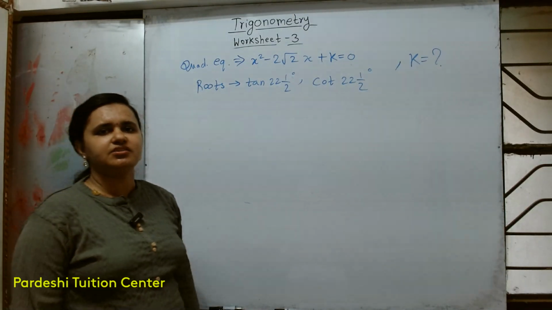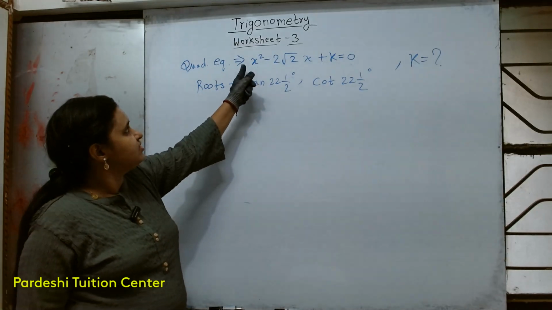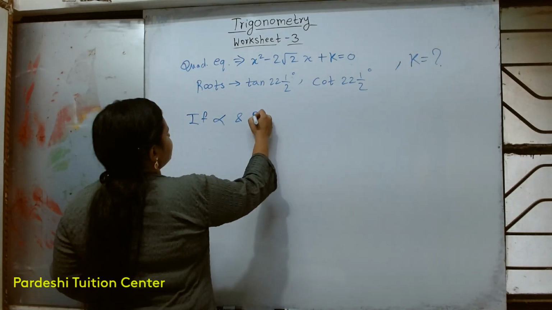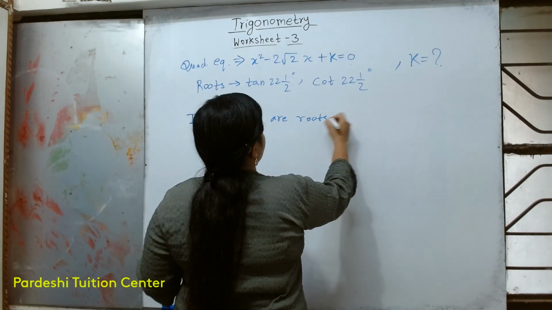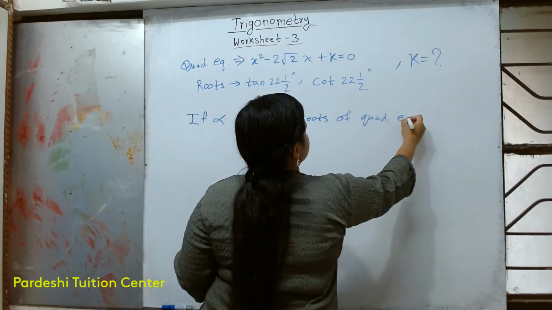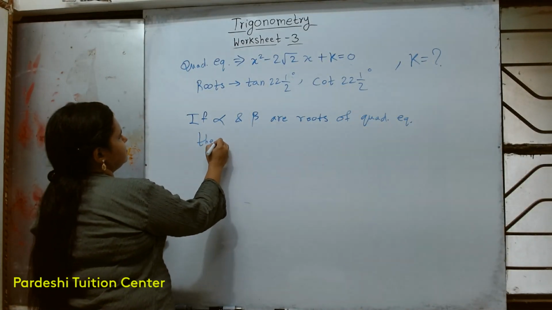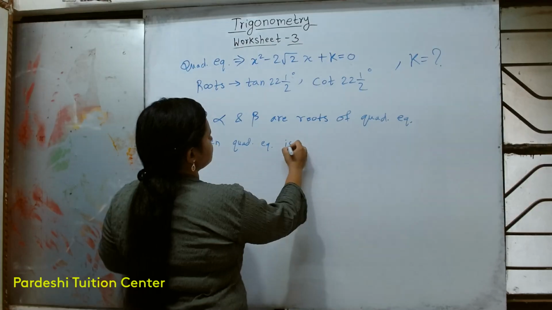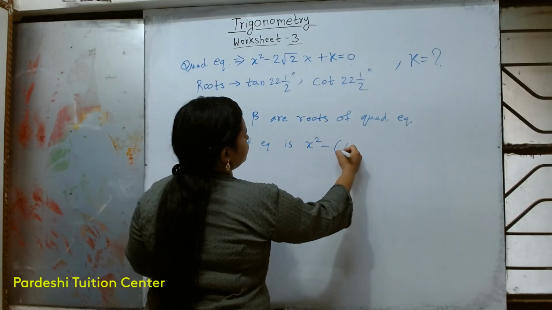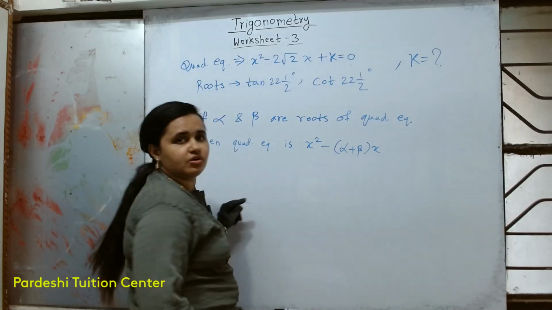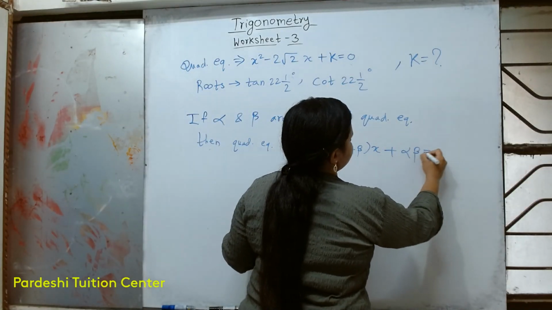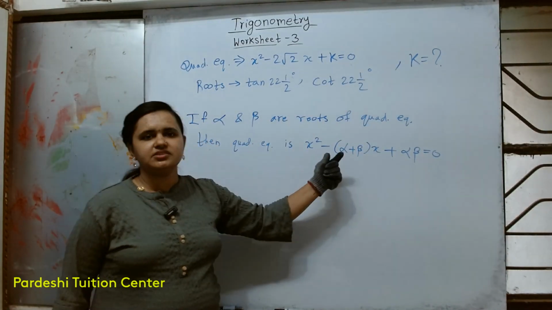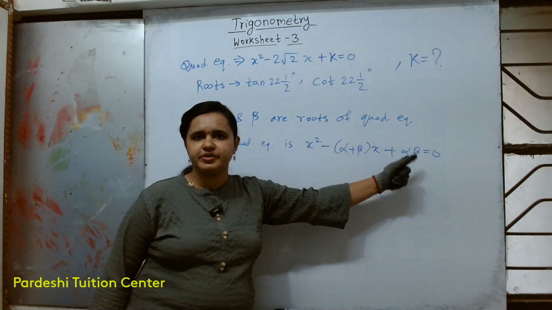I write it again: if alpha and beta are roots of a quadratic equation, then the quadratic equation is x square minus (alpha plus beta) into x plus alpha beta equals 0.